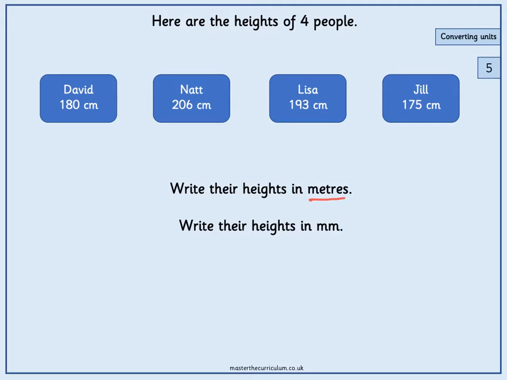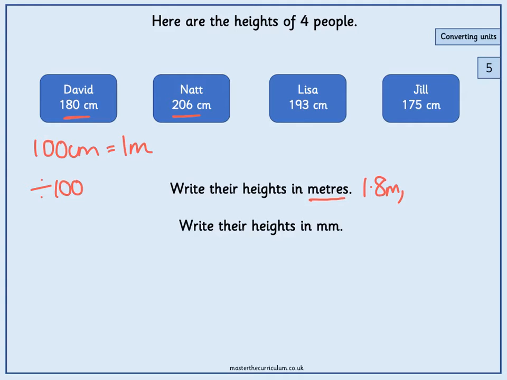So we know 100 centimeters is the same as 1 meter. Okay, so if we need to work out all of these in meters, we're going to have to divide by 100. That means each digit is going to move 2 places to the right. So 180 becomes 1.8 meters.